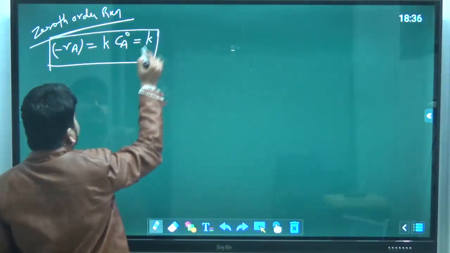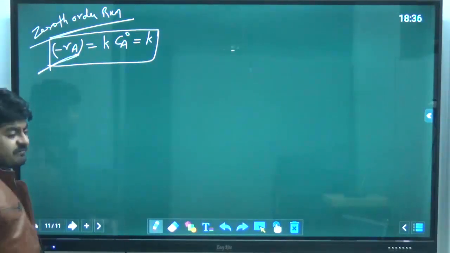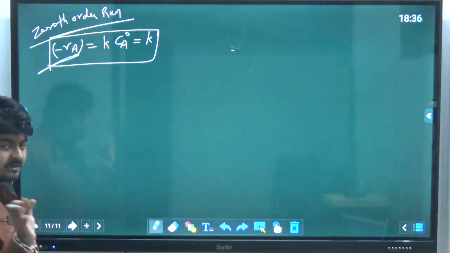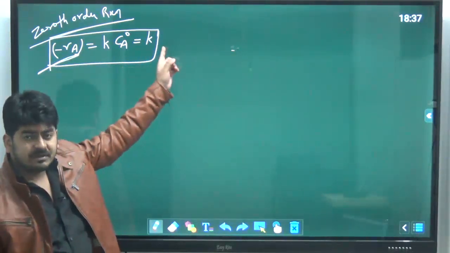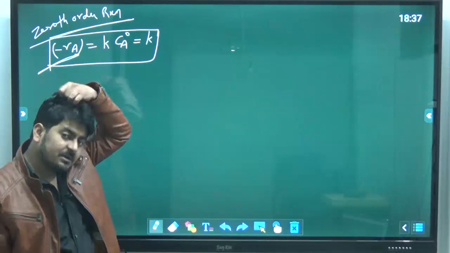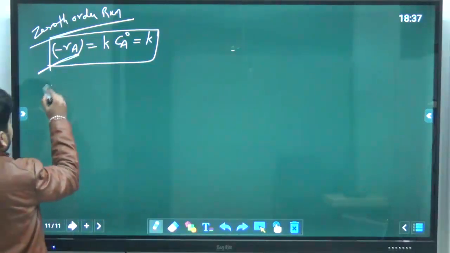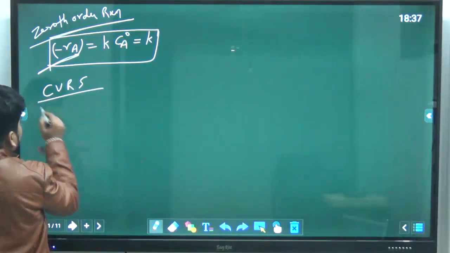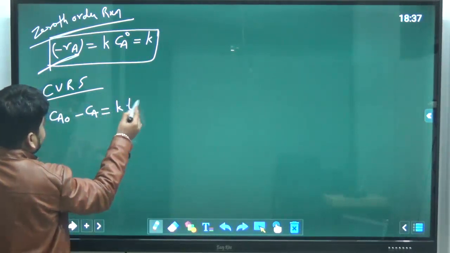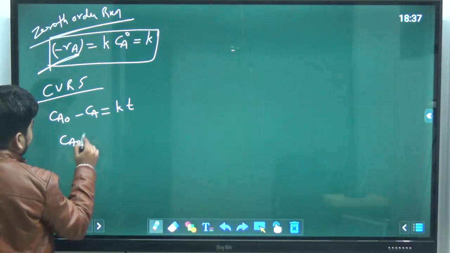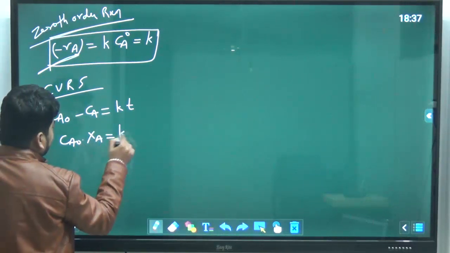So for zeroth order reaction, rate of reaction is the function of temperature only. Remember, not the concentration. And for that in CVRS, the kinetic equation will be Ca naught minus Ca equal to Kt, or in terms of conversion, Ca naught Xa equal to Kt.